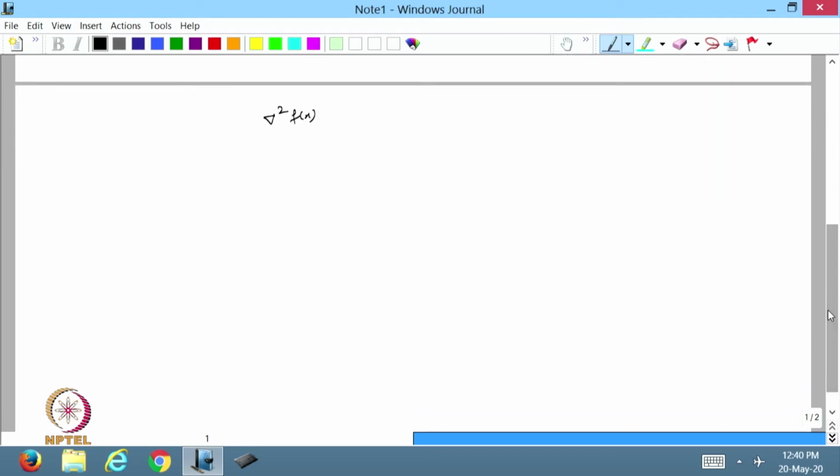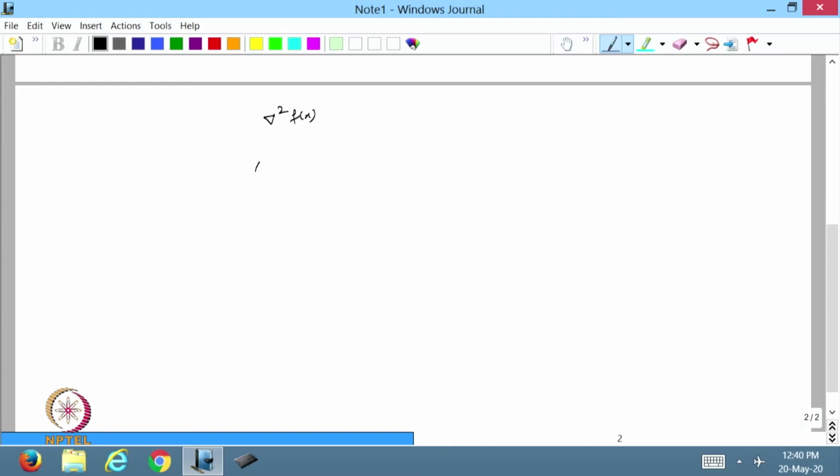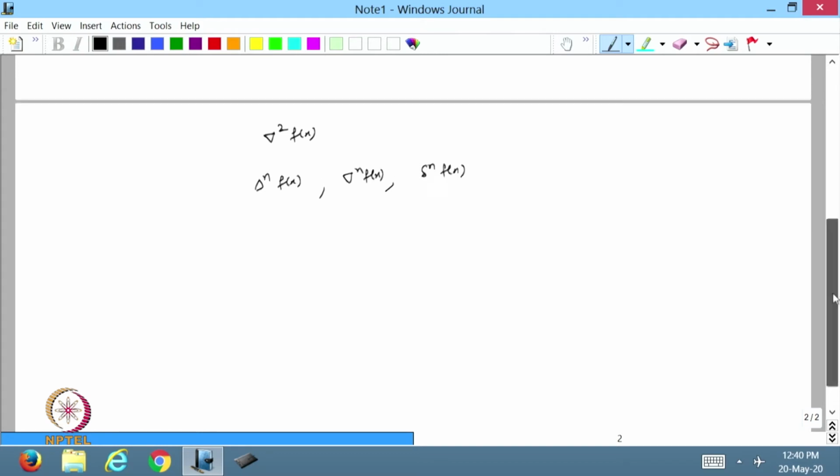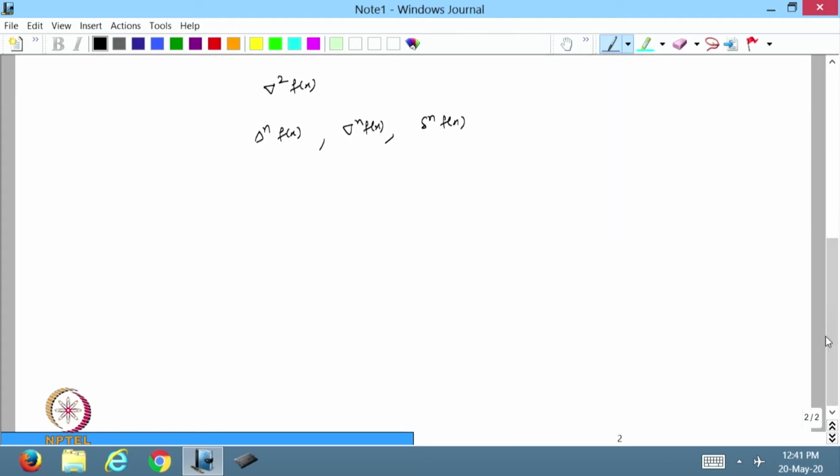Based on this, I can apply the forward operator n times, or the backward operator n times, or the central difference operator n times. This way we can apply the same operator any number of times on the given function.